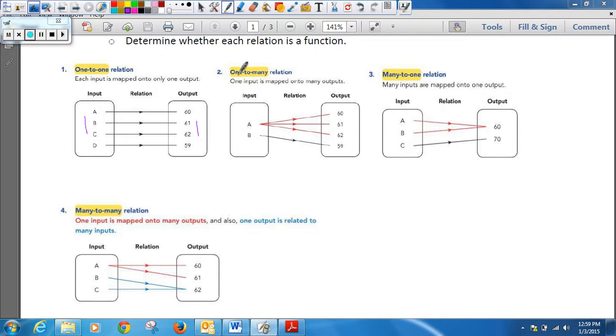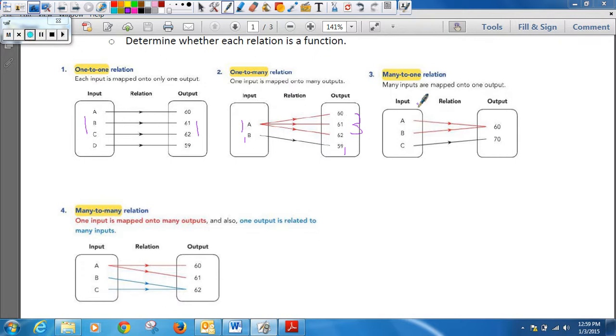The next type is 1-to-many relation, and if I look here, A, this one input goes to 3 outputs. And if you look at B, it's 1-to-1. So because this is 1 for the input on all of them, it's a 1, 2, and because there's a number other than 1 over here, it's 1-to-many.